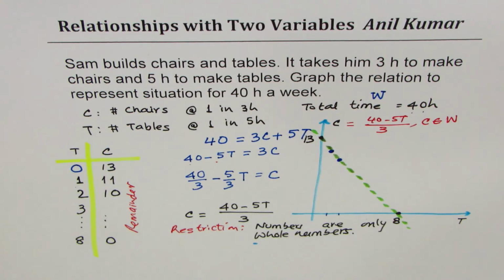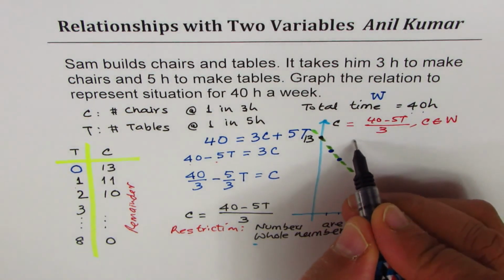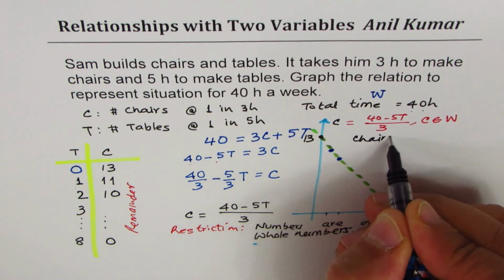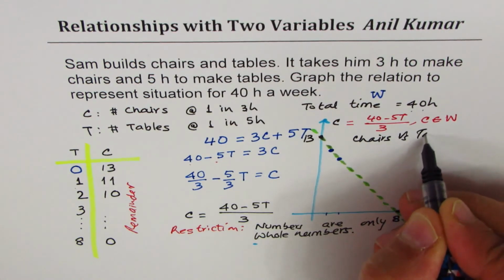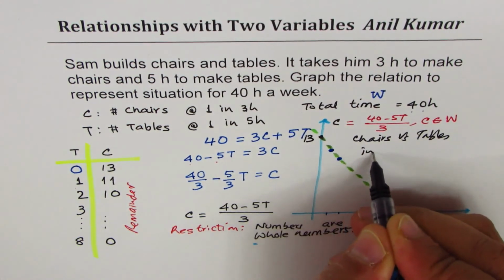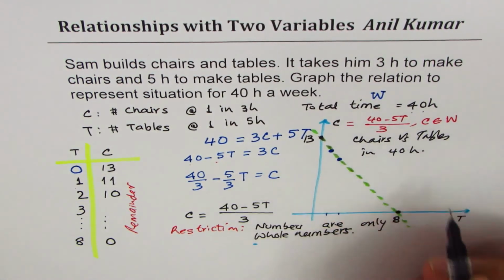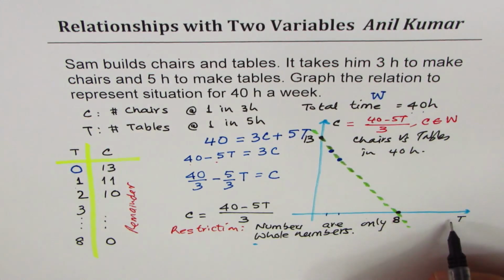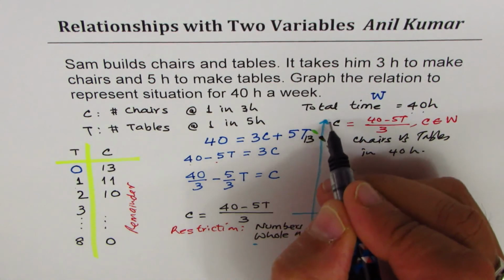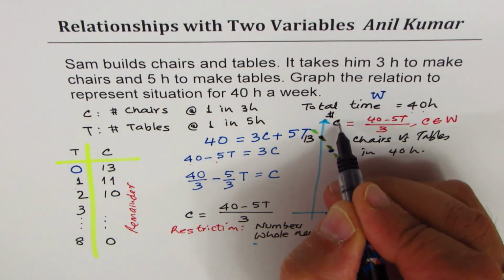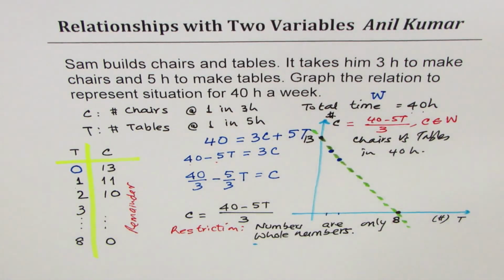So within 40 hours, completed numbers of chairs and tables are shown in the graph. So we say chairs versus tables in 40 hours, right? And these are number of tables. So we'll just write number of tables, and here we write number of chairs. Is it okay? So that is how we can actually graph the given situation.